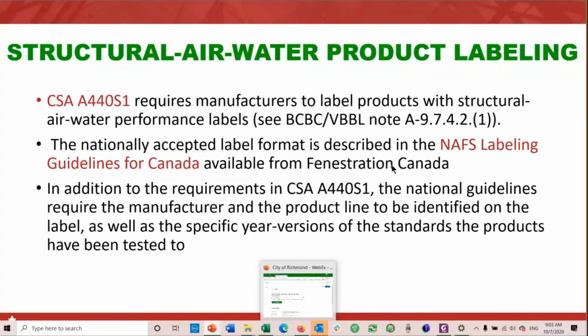These guidelines were developed by the industry in a way that would satisfy code requirements and also provide additional information to make labels equivalent, in terms of the information provided, to the kind of information you would have on a certified product label. In addition to the requirements in CSA A440 S1, the national guidelines require the manufacturer and the product line to be identified on the label, as well as the specific year version of the standards the products have been tested to.